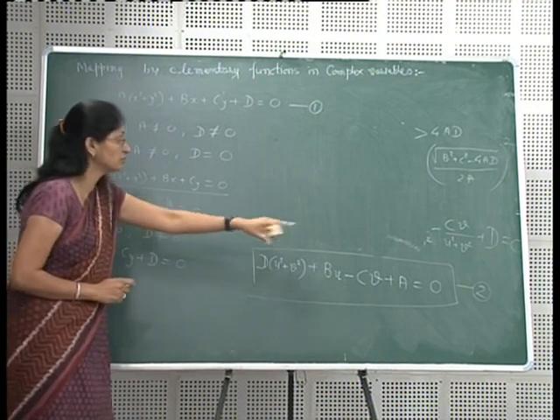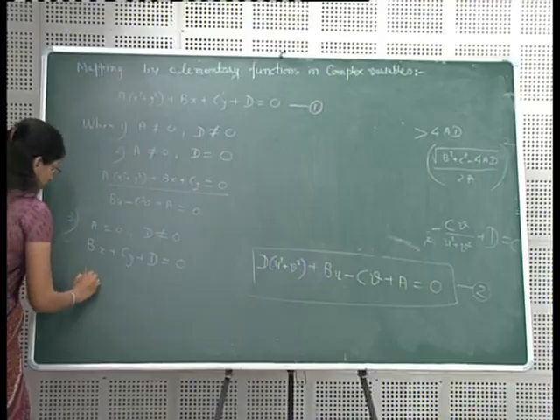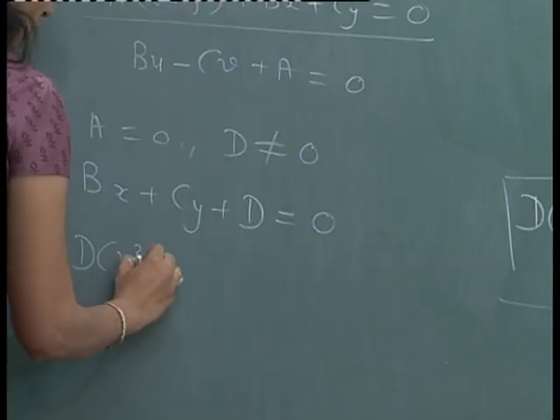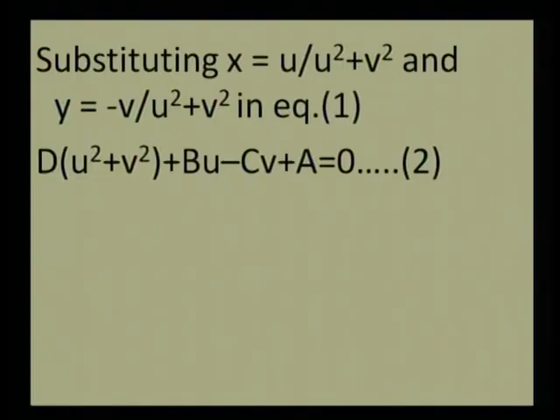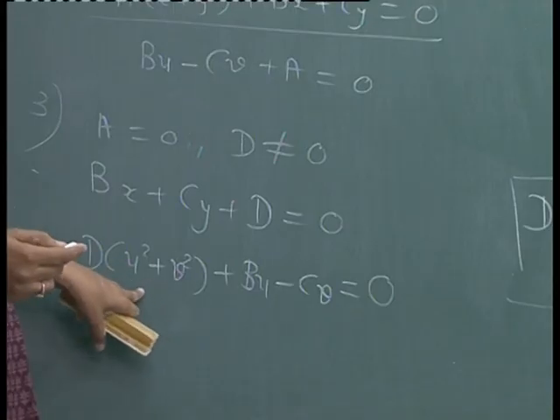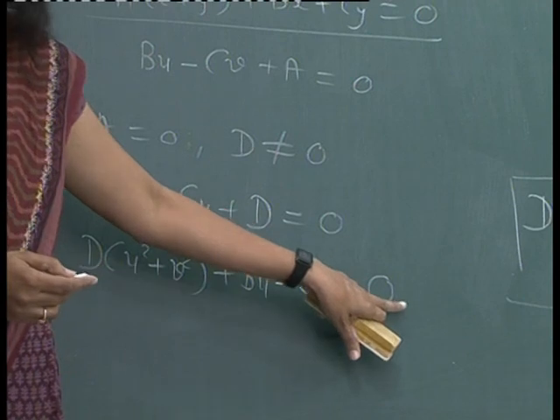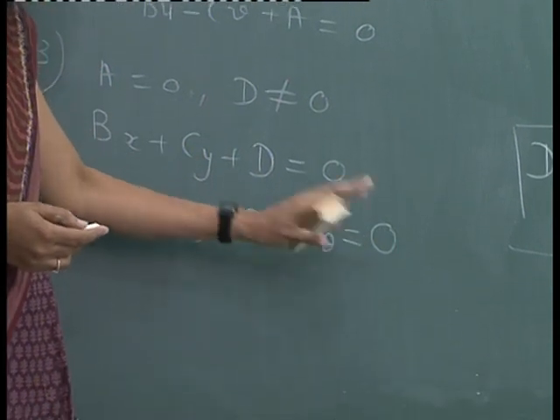So if we put a is equal to 0 in equation 2, then it's d times u square plus v square plus bu minus cv is equal to 0, which is the equation of a circle which passes through 0, 0, because here the constant term is 0.